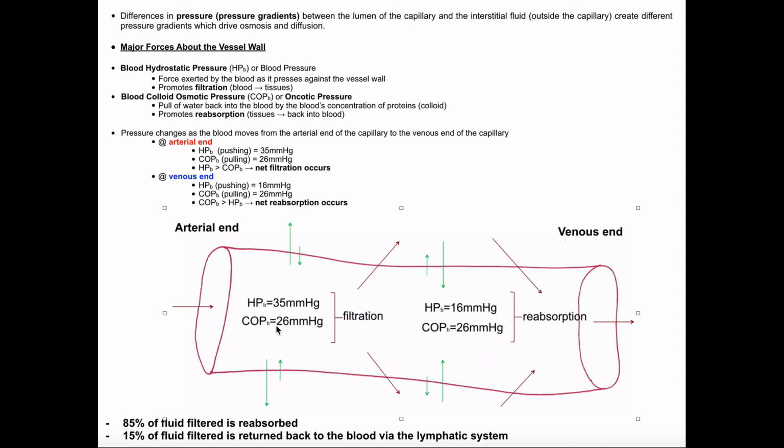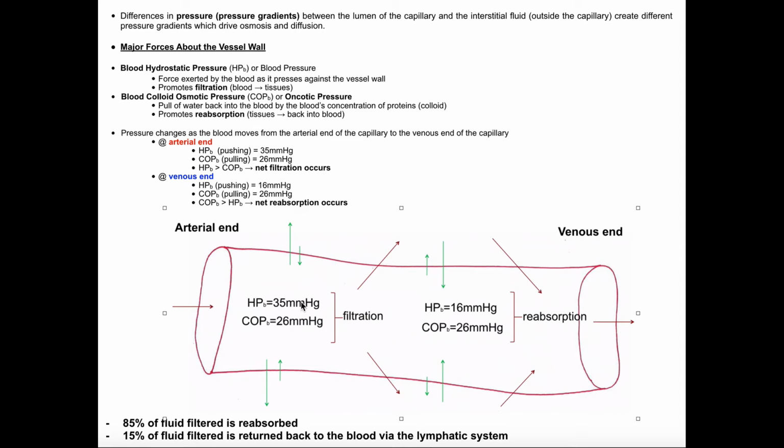Whereas the colloid osmotic pressure, being pressure that forces water into the blood to satisfy the plasma proteins, is going to pull fluid from the interstitial area into the blood. If you look at the relative sizes of these arrows, that's done to represent these numbers. And so because the hydrostatic pressure is greater, there's going to be a net movement of fluid from the capillary into the interstitial area, but only at the arterial end.